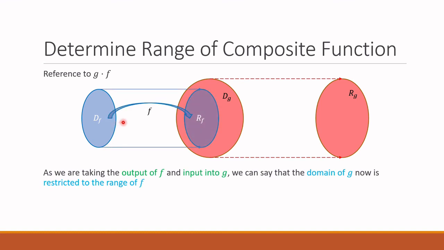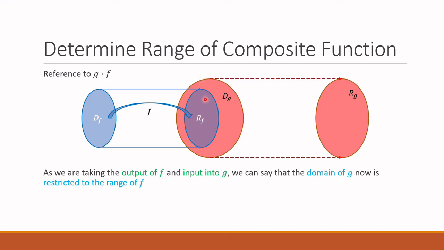What happens is that given the domain of f, we pass it through the function f, and I collect all the possible outputs, which is what we call the range of f. This range of f will then be inserted into the machine g. What we can understand from this simple diagram is that instead of this red circle here, which is the domain of g, I'm not going to use all the numbers in the red circle.